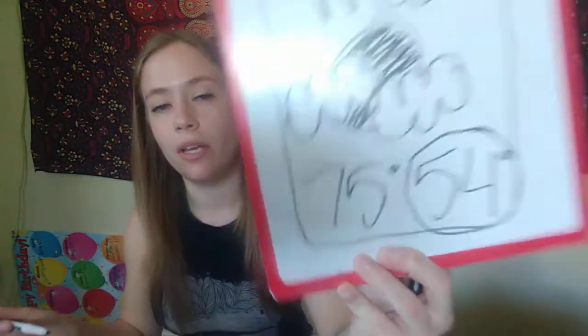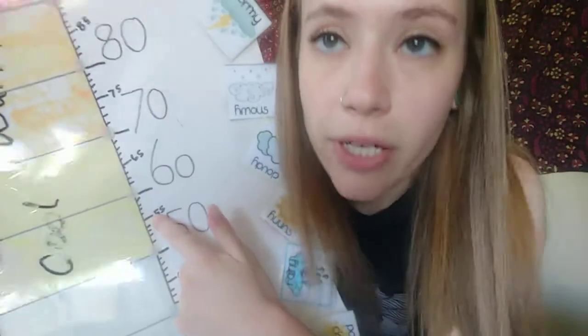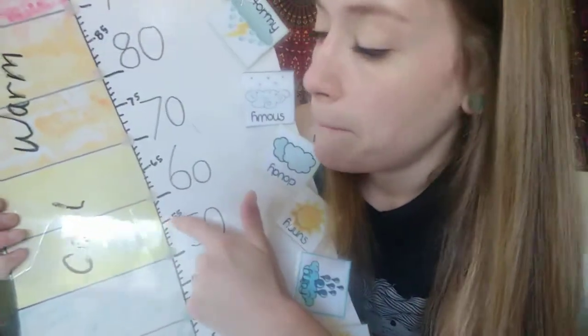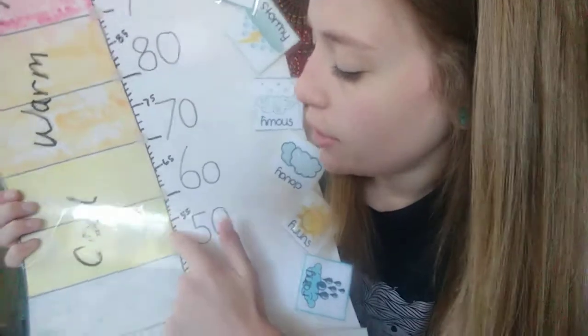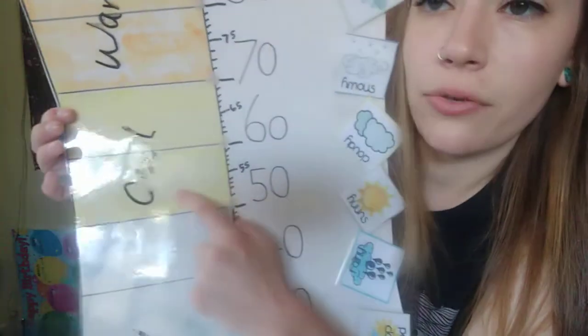And then, since 75 is our highest expected temperature today, that means that 54 is going to be our lowest expected temperature today. So, let's find 54 now. And that's easy to find because 55 is marked for us, and then 55 minus 1, so you just go down 1, and that's 54. So right there, we are in the cool temperature range. So it will be cool tonight.